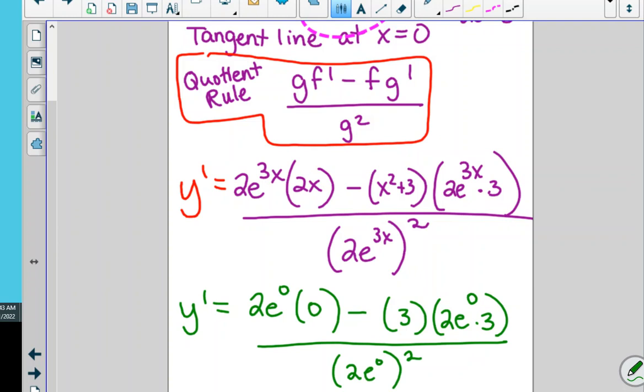So 3x in the exponent becomes a 0. The 2x sitting next to that becomes a 0. x squared plus 3 becomes 3. 2e to the 3x becomes 2e to the 0 times 3. And then the parentheses, super important in the denominator, 2e to the 0 quantity squared.